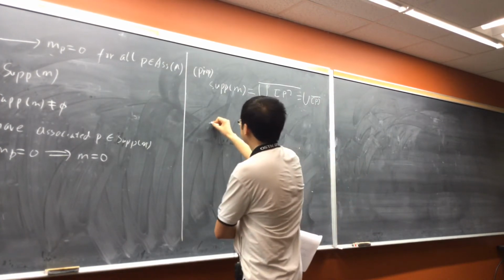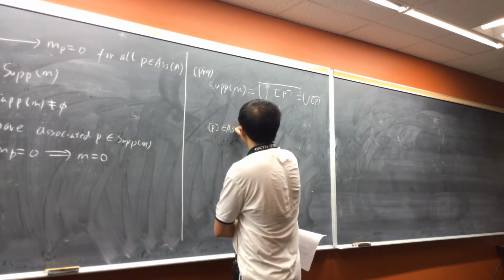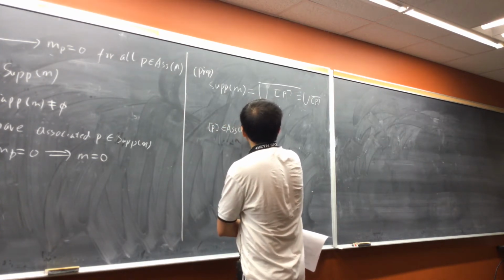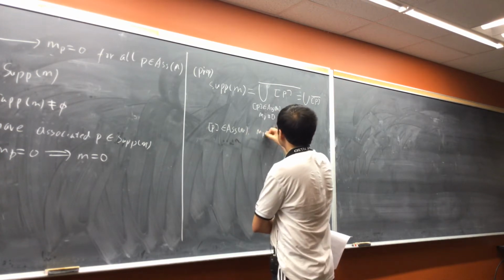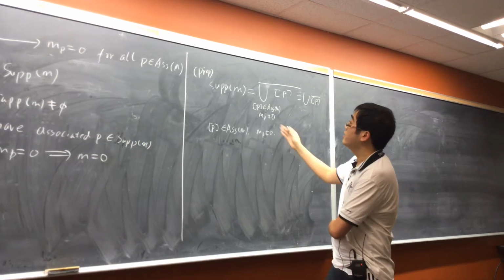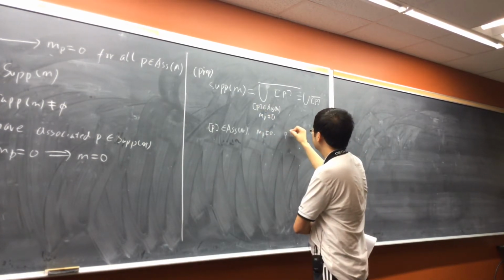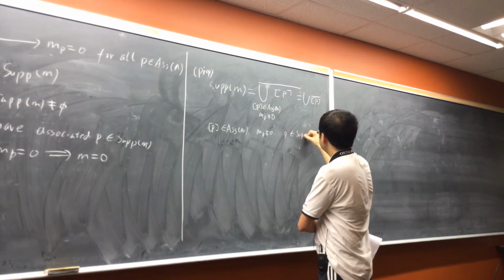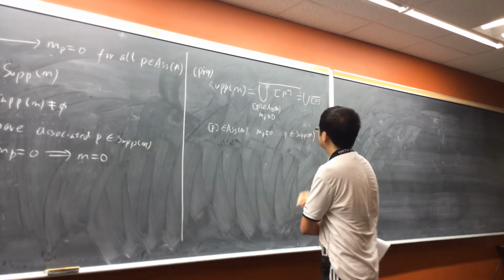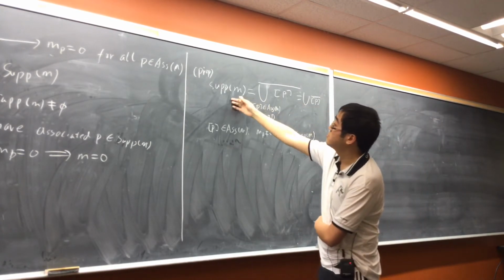For any prime ideal, for any associated point that has M_P not equal to 0, we automatically know that P is in the support of M. So this side will be a subset of that side.